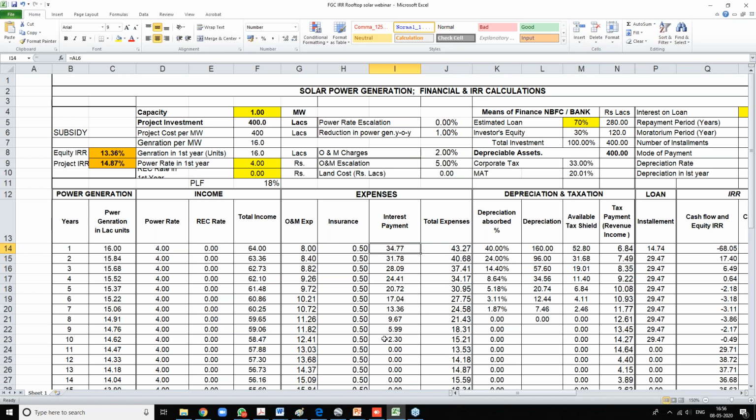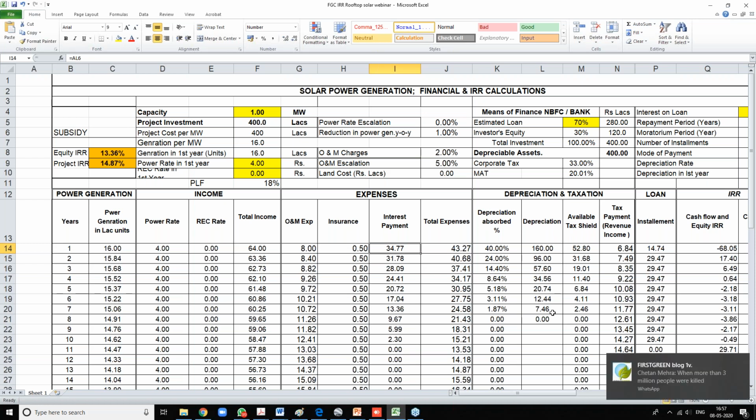The insurance cost is also to be considered as an expense. So your O&M, insurance, and interest payment, these are the 3 expenses, and this is the cash outflow. The total cash outflow is 43 lakh rupees. Total cash inflow is 64 lakh rupees. If you subtract this, you will get the net revenue or the cash inflow to your project.